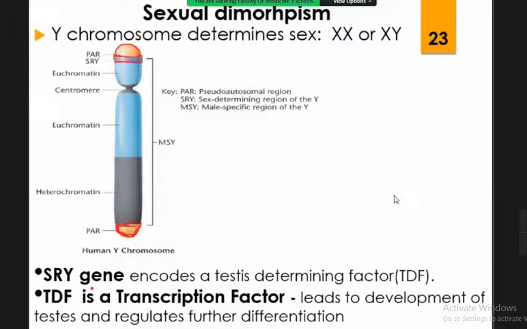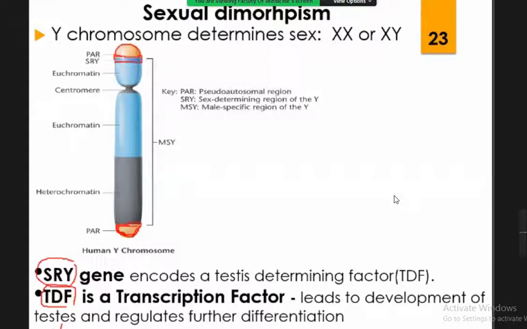So where there is an SRY gene, then you know that a testis determining factor is going to be formed. And where it is present, that gonad will automatically develop into a testis. And the individual will start later to develop male specific characteristics.